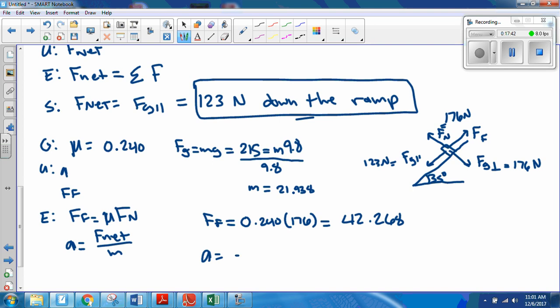So that's going to be negative Fg parallel, which was the negative 123. Ff is going right, so that's going to be plus the force of friction, which was the 42.268. And then I'm going to divide that by the mass, which was the 21.938.